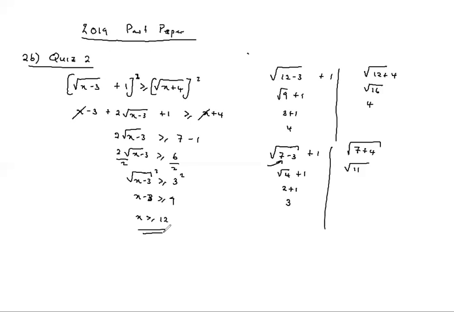Alternatively, when checking here, if you found that something worked and it's outside what you have found here, you go back and pick x minus 3, equate it to 0, and pick x is equal to 3 as your critical point. You also get x plus 4 is equal to 0, and say x is equal to negative 4 is a critical point.